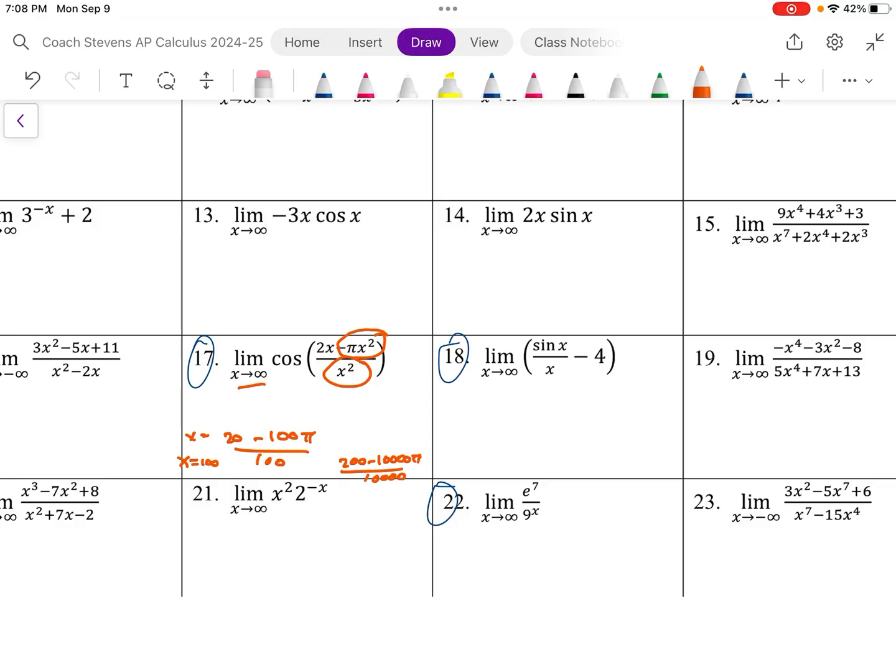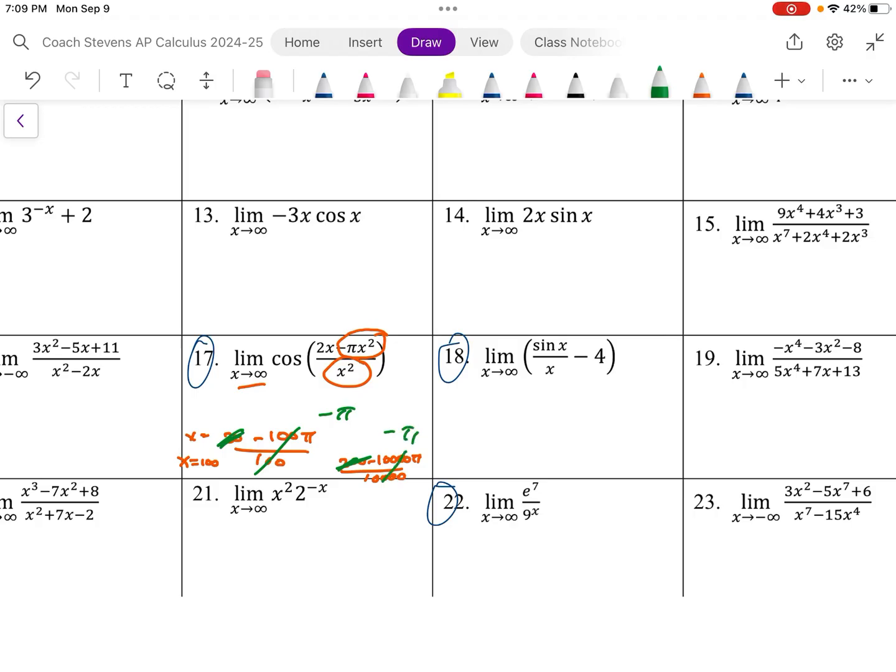By the two examples I've done so far, we can ignore the first part, and negative pi comes out of both of those.